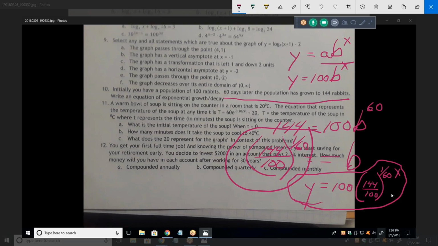Yeah. I do actually like this answer better, only because it's more precise. If I actually found the 60th root of that number, it's going to be some irrational decimal that I got to round off.